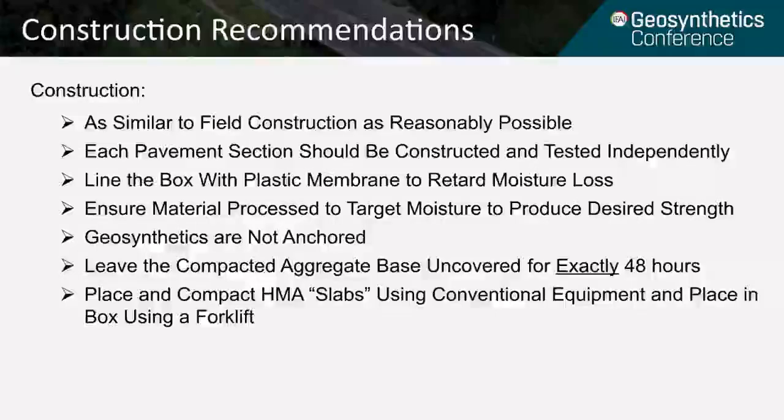Finally, if hot mix asphalt is to be used, we recommend placing and compacting hot mix asphalt slabs using conventional construction equipment at a secondary location, and then cutting those slabs into the desired dimensions and placing those in the box using a forklift to ensure that the hot mix asphalt is similar to what you would expect in a highway or airfield pavement.